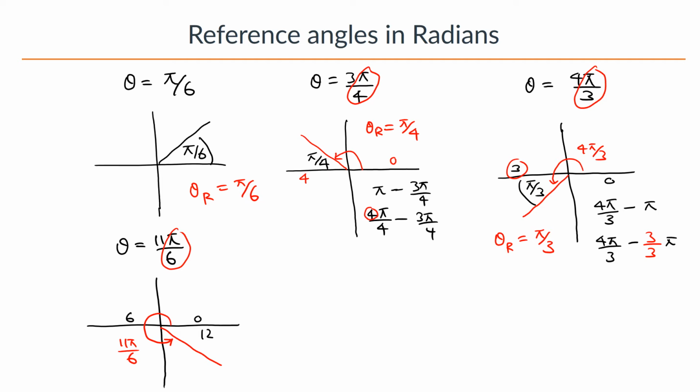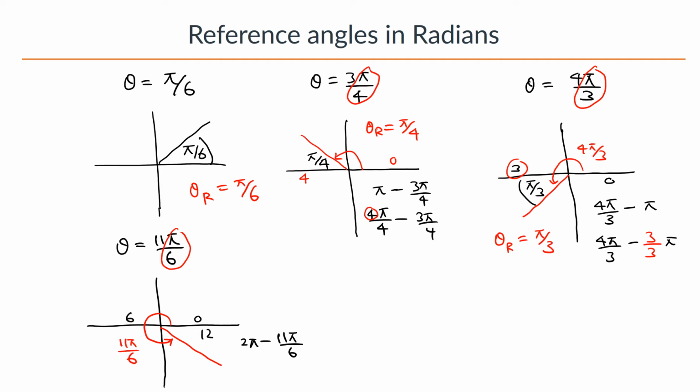Now again, we need to know the difference between the two, so we can do a similar calculation. It is 12, so that means we have 11. You can write this one as 2 pi minus 11 pi over 6.